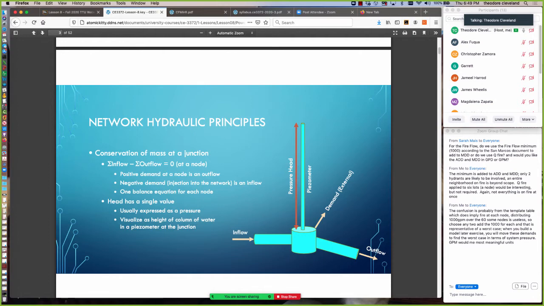Positive demand at a node is treated as an outflow in terms of that equation. And negative demand, or if we put water into a node external to the network, so the water comes from somewhere else and we're pushing it into the network like an injection, that's negative demand. That's considered an inflow. The positive demand, that water leaves the network.